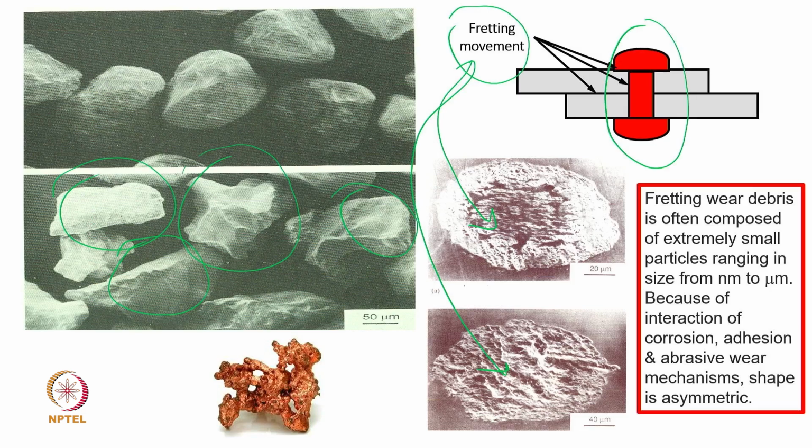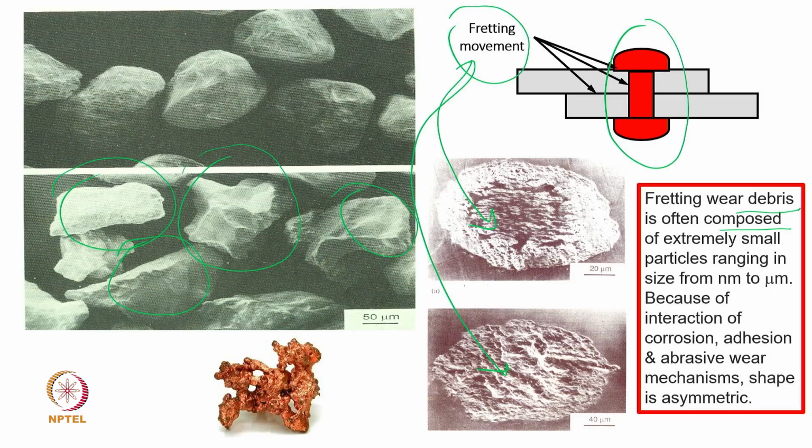level vibration, and that is why we say that fretting wear debris is often composed of extremely small particle size, the reason being that the amplitude of vibration is smaller, much lesser, like 1 micron, 2 micron, and then there will be an adhesion mechanism, an abrasion mechanism, continuation. A particle will get separated from a surface, and it will have lesser oxygen.